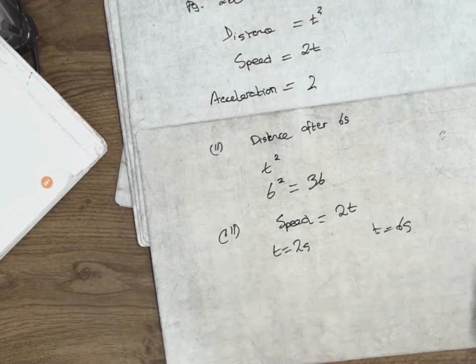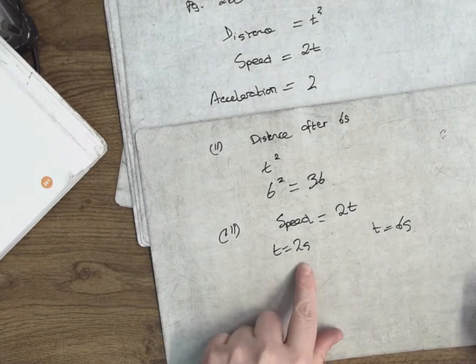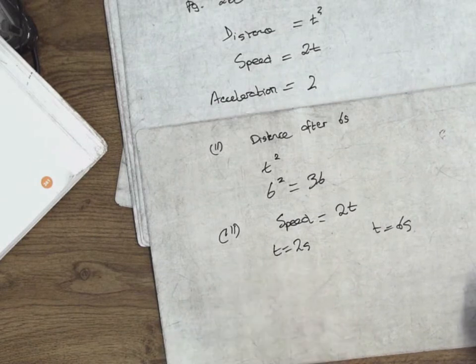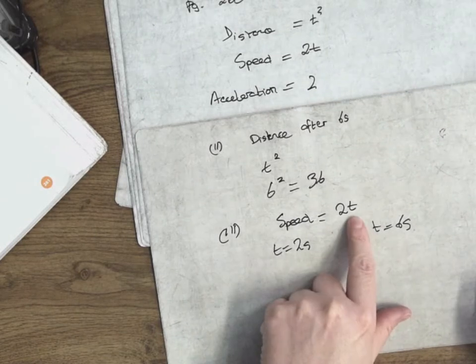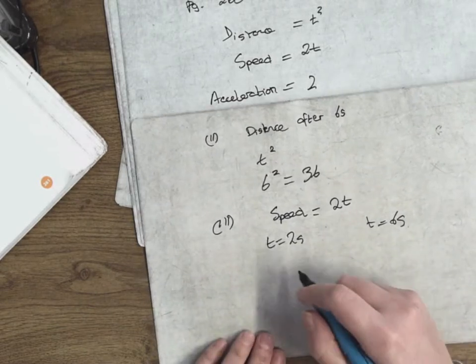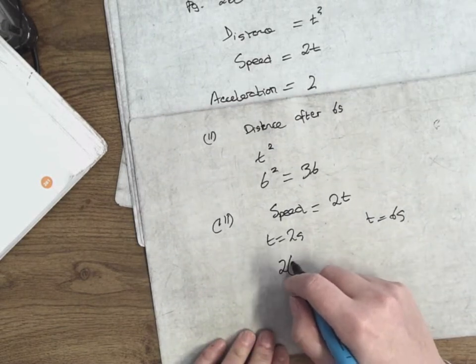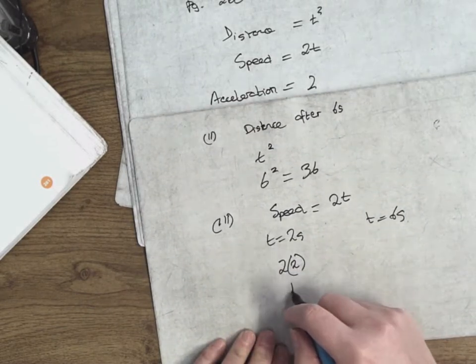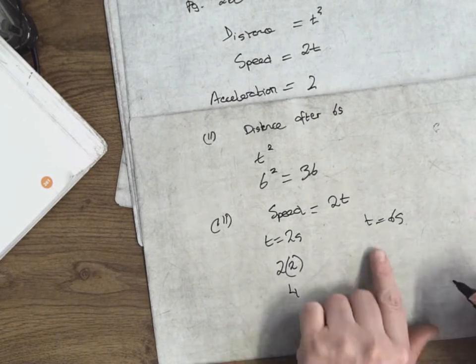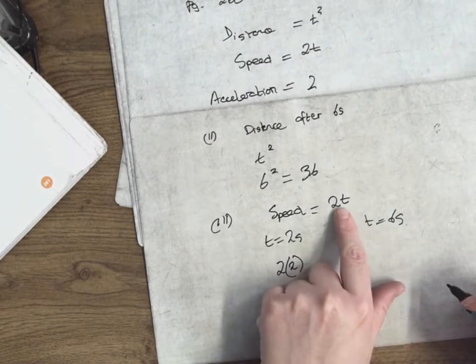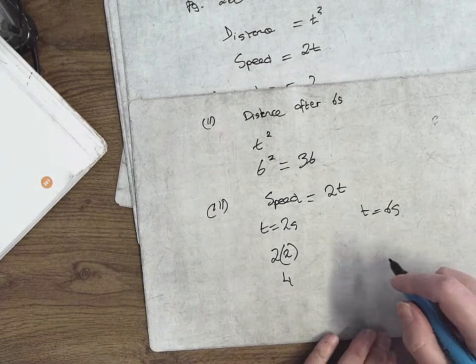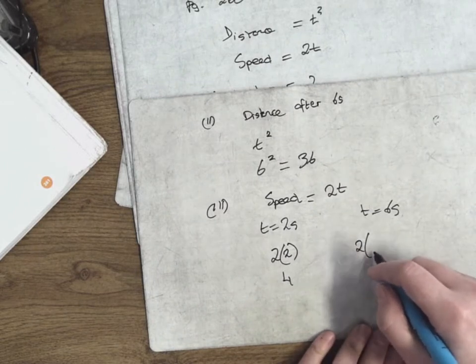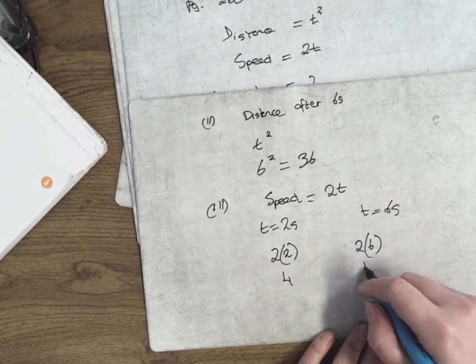So there's two sums in that. How will I get t equals 2 seconds? Everywhere I see a t, put in a 2. So I get 2 times 2, which is 4. How do I get t equals 6 seconds? Everywhere I see a t, put in a 6. So it's 2 times 6, which is 12.